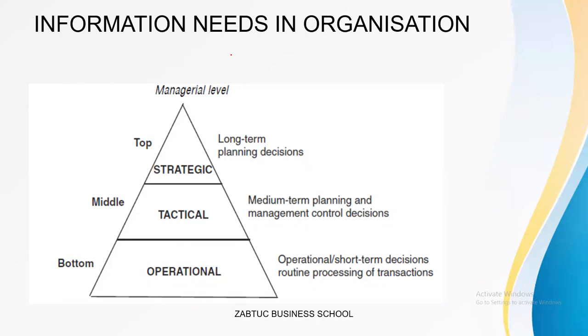The information needs of an organization should be married with the level of management. And we have come across this diagram before, which represents our organization, the layers that we have in the organization, the management layers.